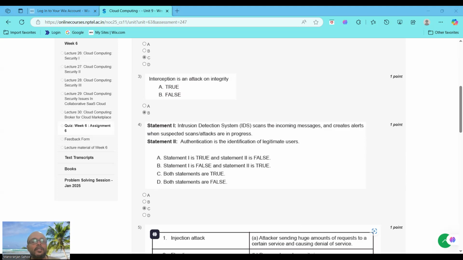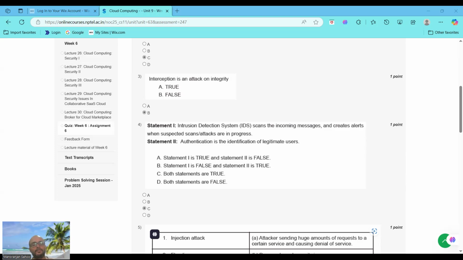IDS is a monitoring system that detects potential security threats and alerts administrators. Authentication ensures only the legitimate user can access the resources. So both the statements are true.